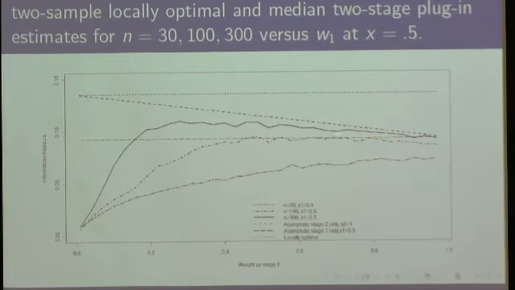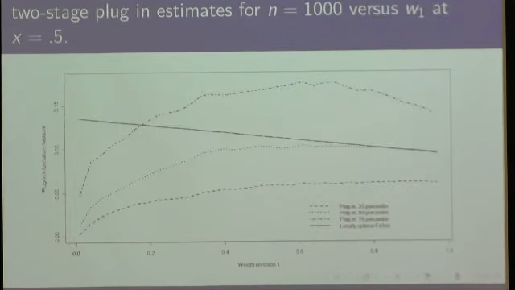This is n equals 300, and it's getting close to the optimal design line. I'll show you a larger sample size on the next slide.